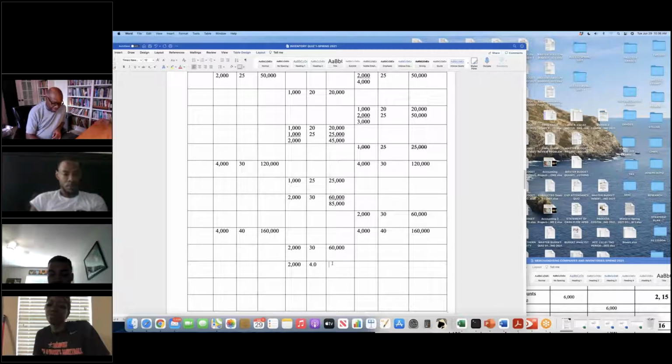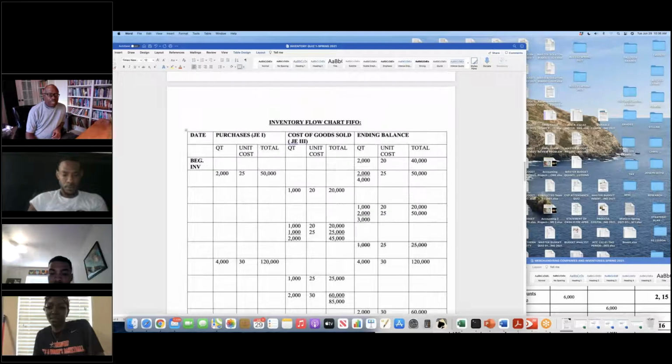So that's 80,000. So what's our total? This is going to be 140,000. And left in inventory at this point is going to be 2,000 pairs of shoes at 40, $80,000.